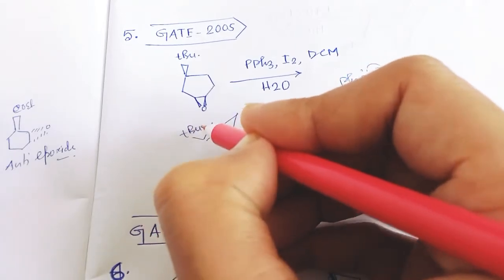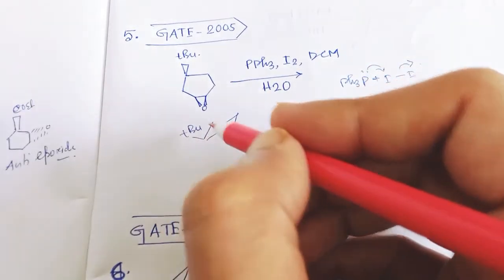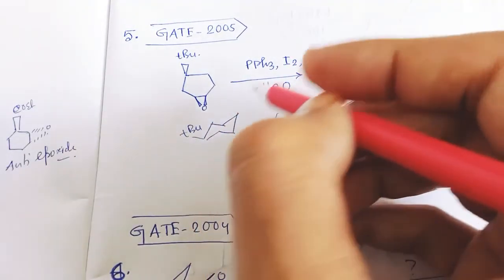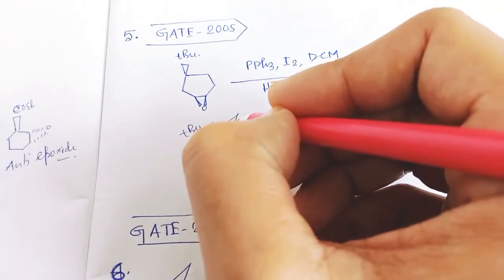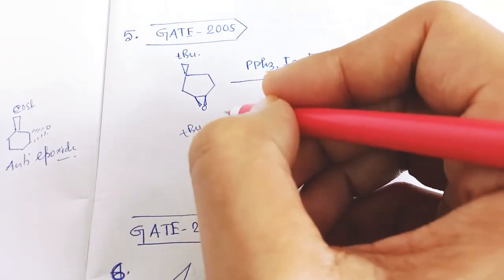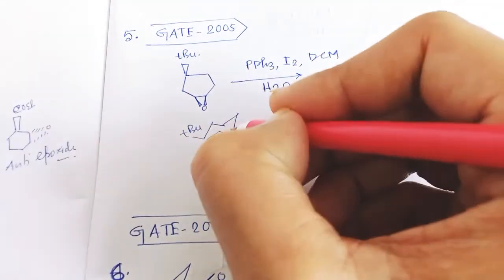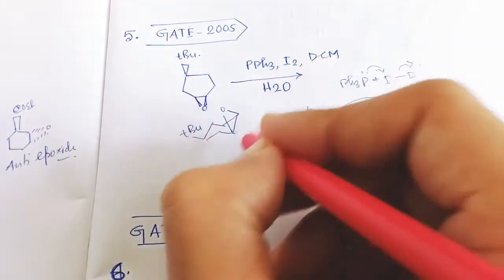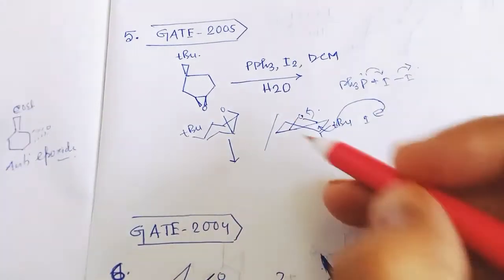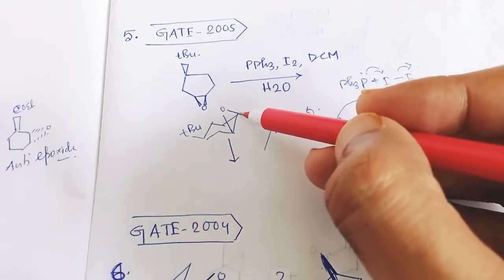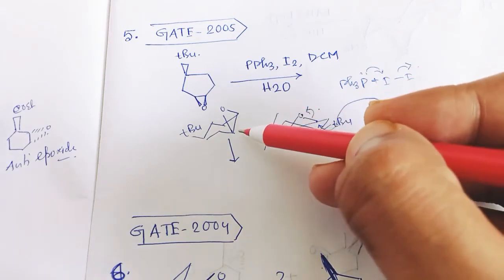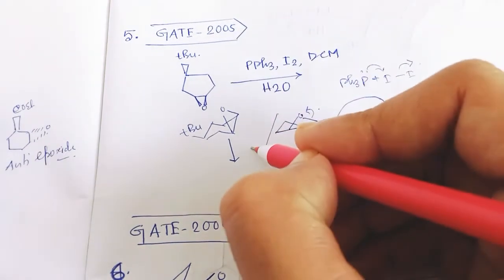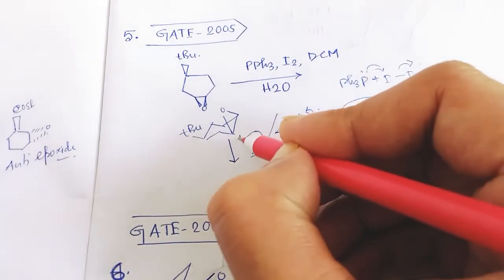Here the tert-butyl group is at the equatorial position, and we have to make the epoxide at the above position, like this. Okay, here two positions are available, one equatorial and another axial, so the I minus will come from the axial position.